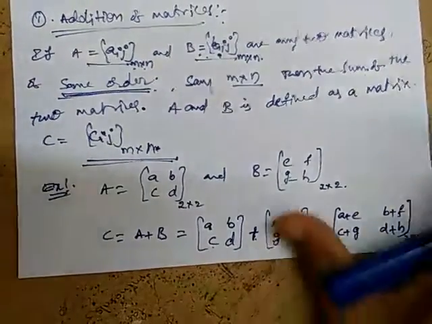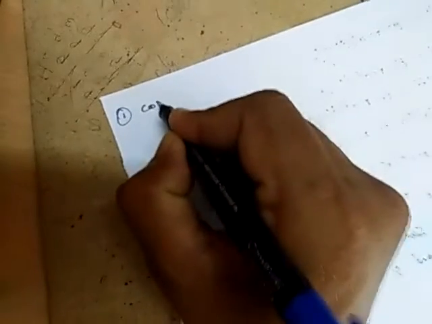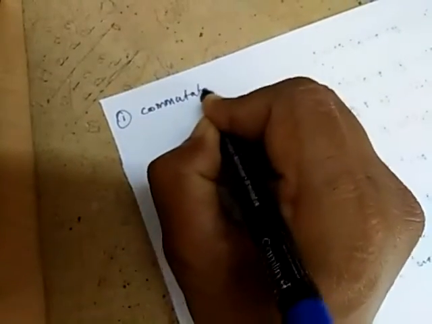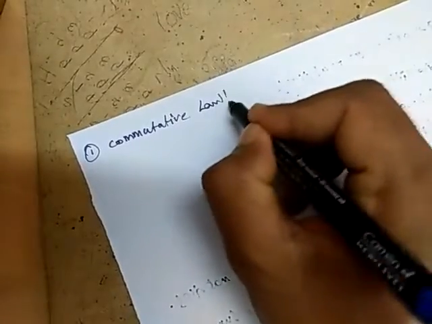So next, properties of addition of matrices. The addition of matrices satisfies the following properties. Number 1 property is the commutative property, or commutative law.